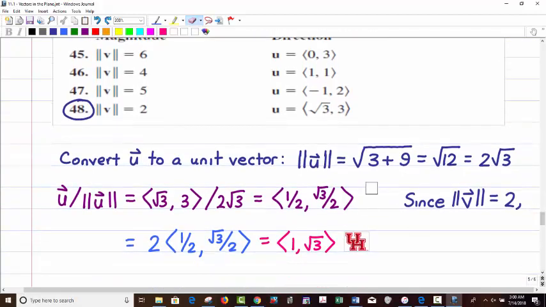So let's convert u to a unit vector. We got the magnitude. So 1 over the magnitude, 2 square root of 3, times the vector, square root of 3, 3. So I divided both of those. Square root of 3 is canceled, and you get 1/2. And then actually 3 divided by square root of 3, it's okay if you leave the radical on the bottom, but I went ahead and rationalized it this time. I just saw that 3 divided by square root of 3 is square root of 3.